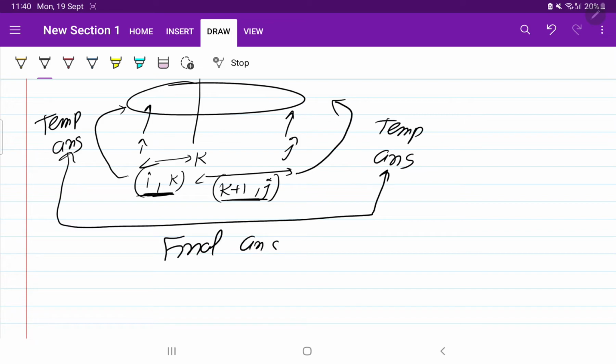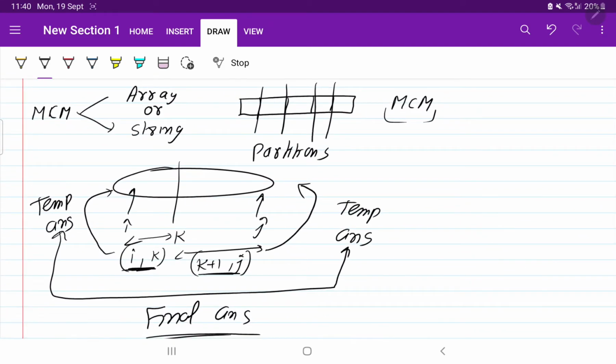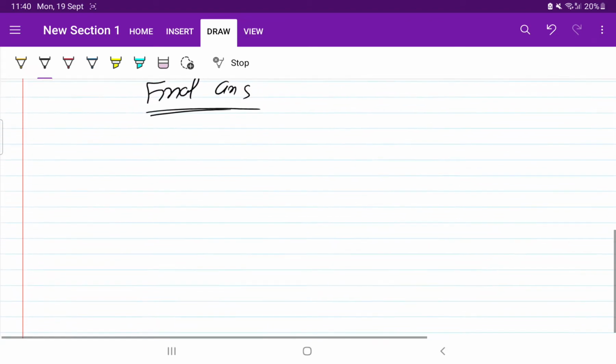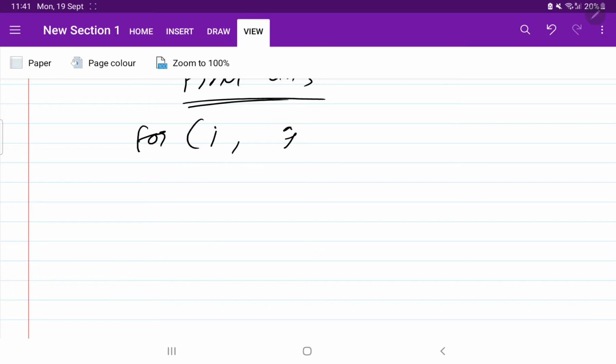Perfect. So basically you use MCM whenever an array or string is given and you get the feeling that we need to do some partitions and get some temporary solutions, and with the help of those temporary solutions we are going to reach the final solution. In an array it will go from I to j.